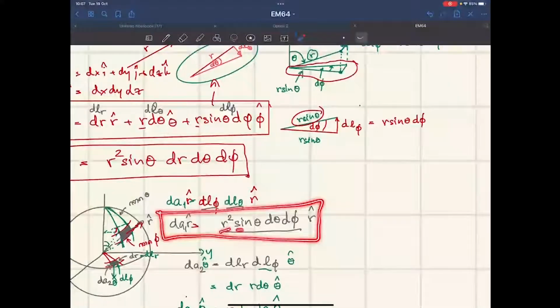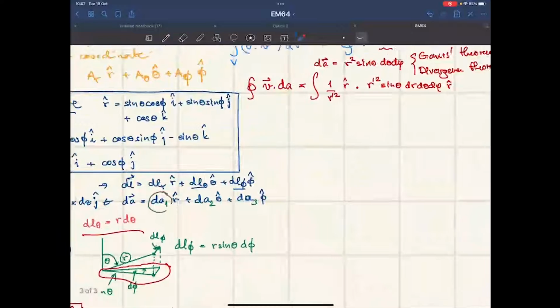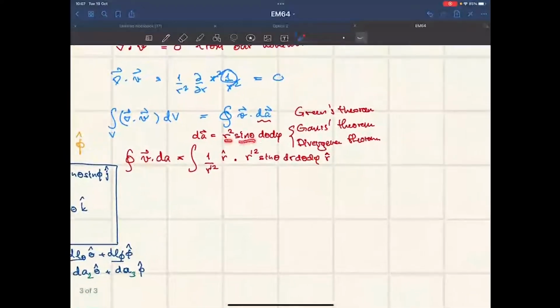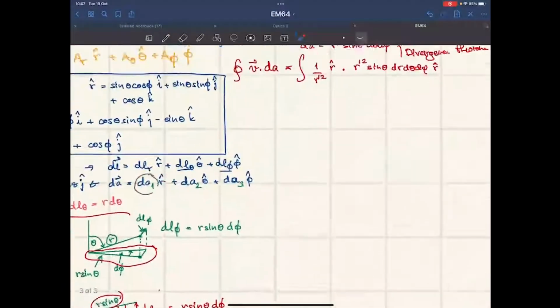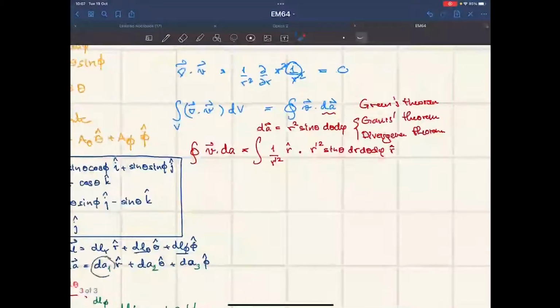It's r squared sine theta d theta d phi. That's dA in the r direction, which is correct, right? But when we put it here, something is weird. This one shouldn't be here, right?